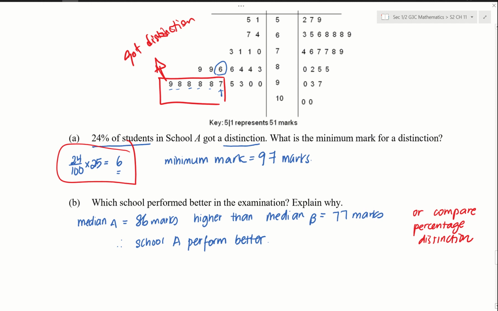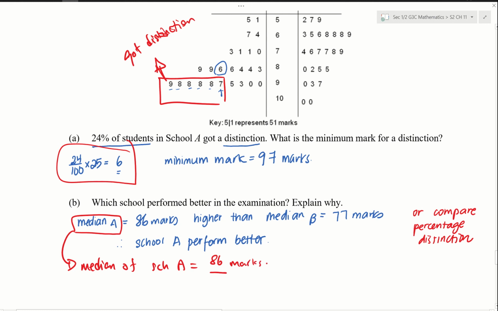This is a short form for writing median of A. So instead of writing median of school A equals 86 marks, we just write median and then put a little a at the bottom. That's the lazy way of doing it. Median of A, then you write down the value, 86 marks. Then I'll show you an even lazier way. Instead of writing higher than, draw the inequality sign.